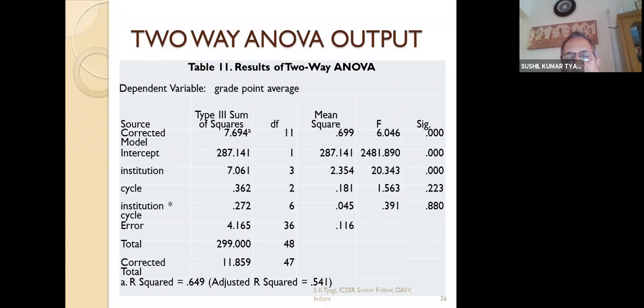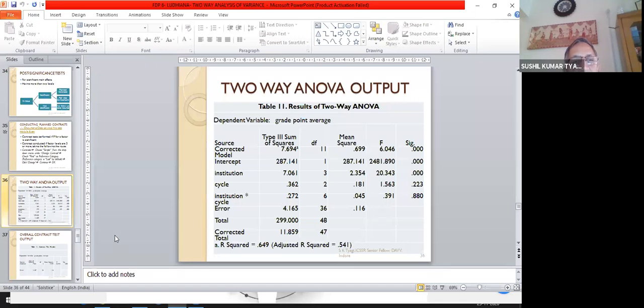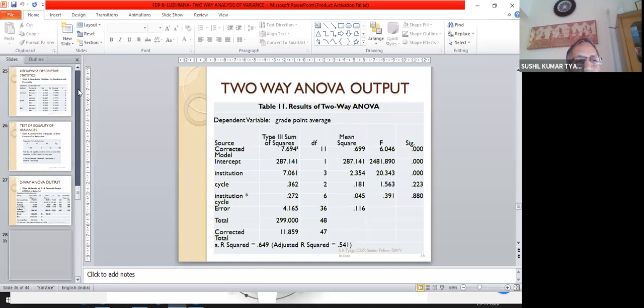And unequal cell size is called unbalanced ANOVA. Now, in the case of unbalanced ANOVA, there are a few changes. The rest of the procedure remains the same. And the changes are, let me go back to one of the slides to show you what is the difference between balanced and unbalanced ANOVA.